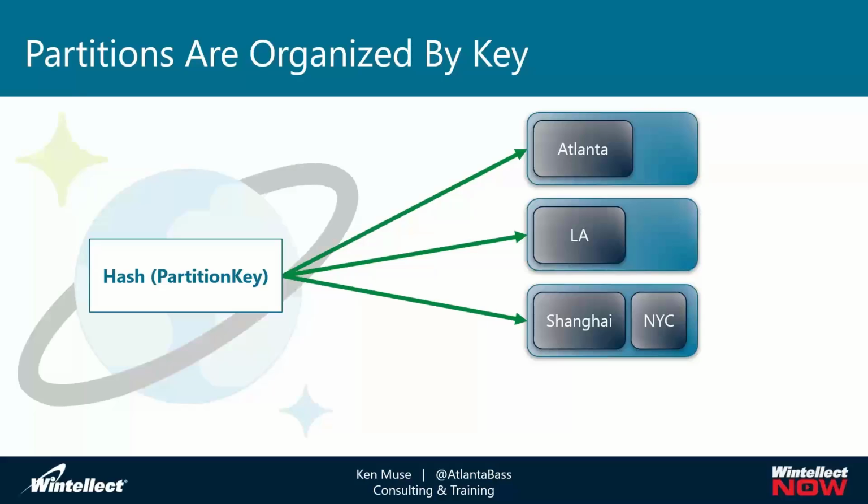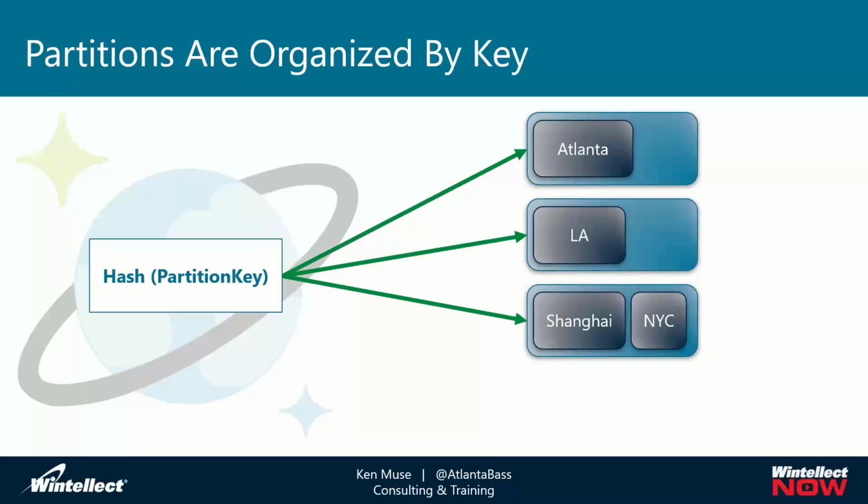I'm going to be able to take the hash of NYC. It's going to identify the third partition, and the data would go there automatically. That way, all of my New York City data is together. In this case, it's also going to see something else, that partition is nearing being completely full. And so, in order to try and keep the ranges distributed and keep all of the data that's in the same key together, Cosmos is going to have to reorganize.